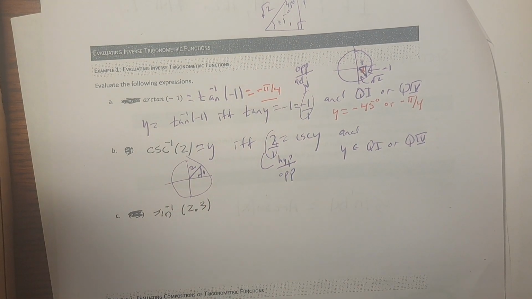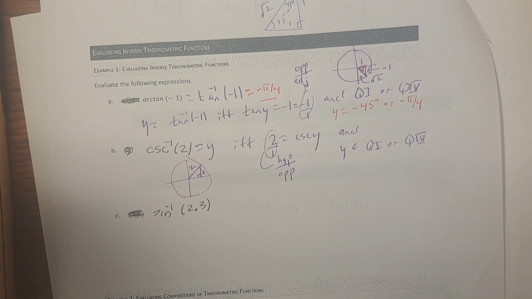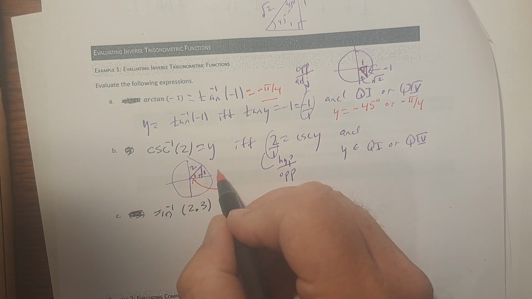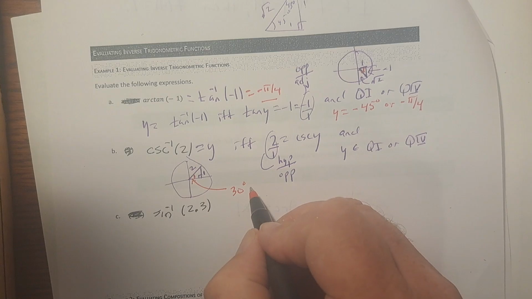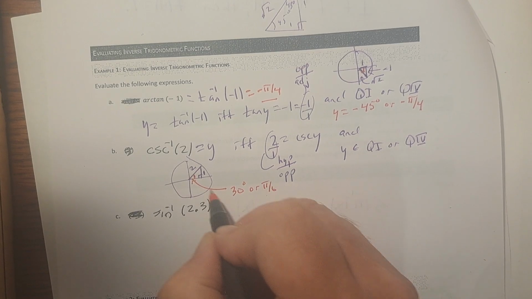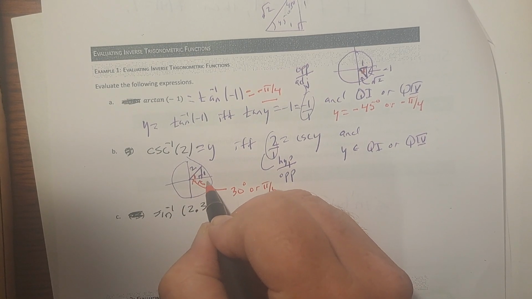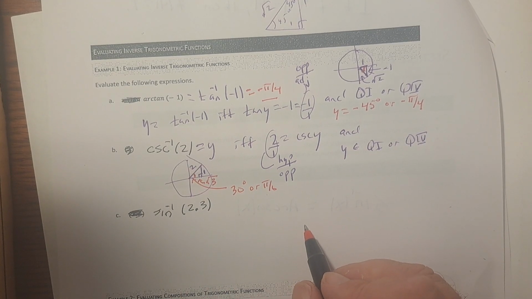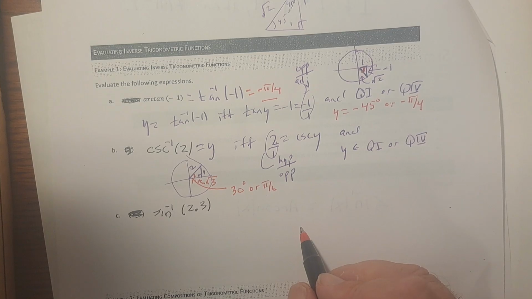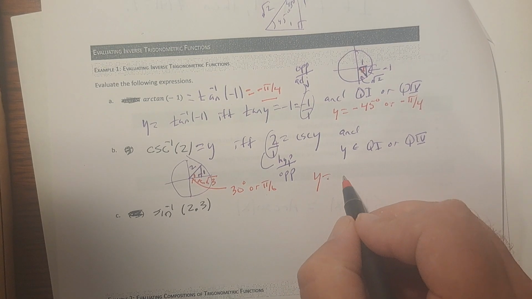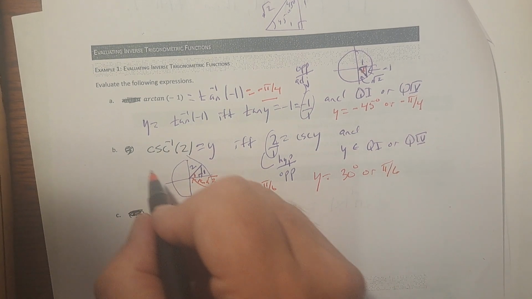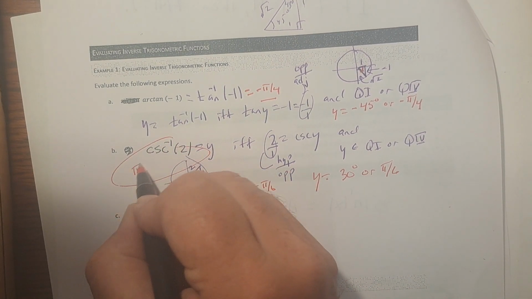But we recognize those lengths of a triangle. That's a special triangle. So that makes this guy 30 degrees, or π/6, and this side itself is square root of 3. That's a 30, 60, 90. Okay, so that means y is 30 degrees or π/6. So this one is π/6.